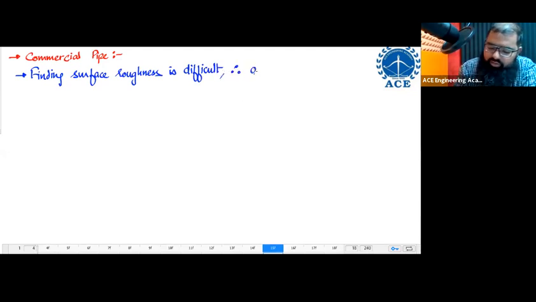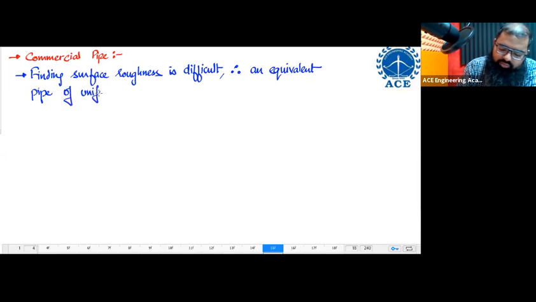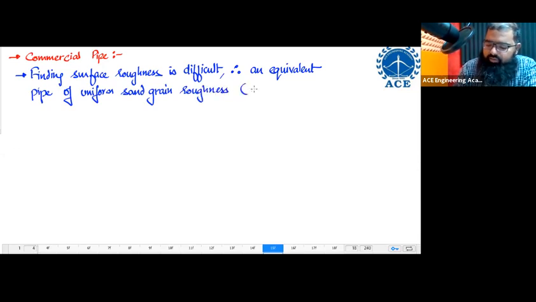Therefore, an equivalent pipe of uniform sand grain roughness, which is represented by epsilon s, is manufactured.